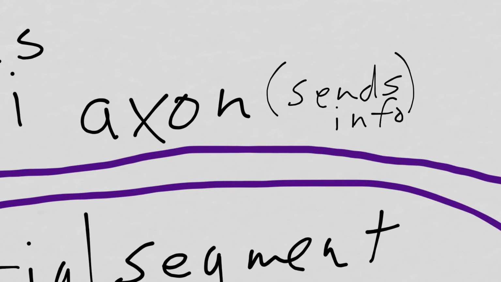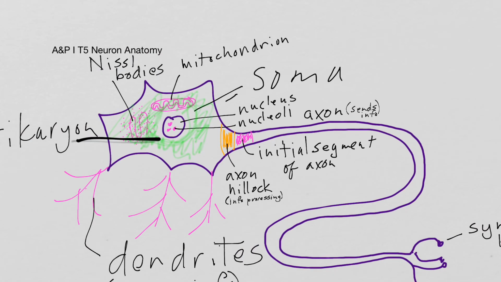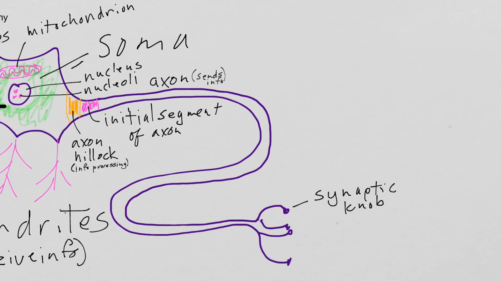Soma also receives information. The axon hillock is the information processing, and the axon sends information. If you are reviewing this video and you've already studied the rest of the chapter, you will know that the axon hillock, the information processing, is whether or not it can bring the initial segment of the axon to threshold. If you haven't gotten there yet, don't worry about it. You'll see it when you come back to this.